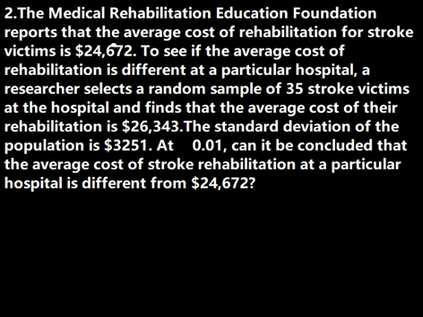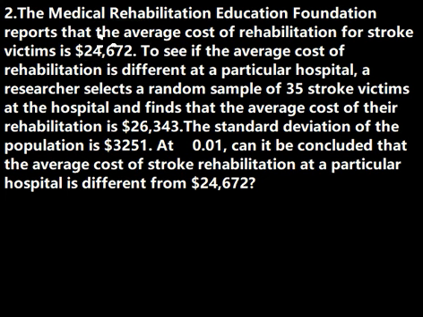Now, to see if the average cost of rehabilitation is different at a particular hospital, a researcher wishes to see if the average is given as this one. So the actual null hypothesis will be mu is equal to that one.